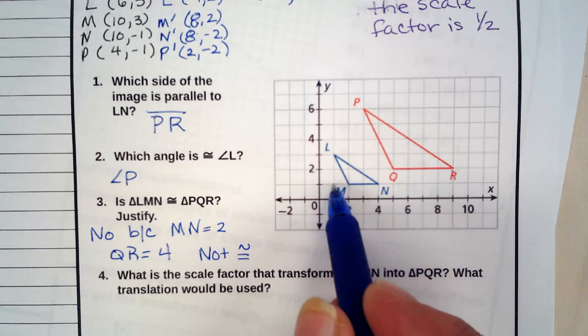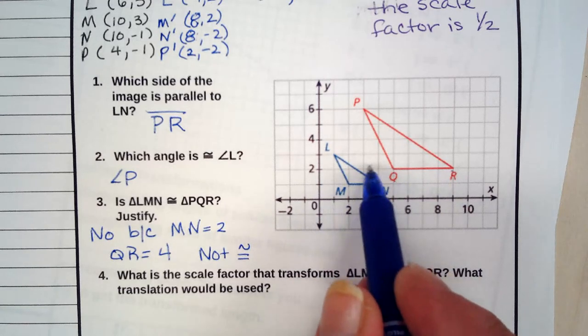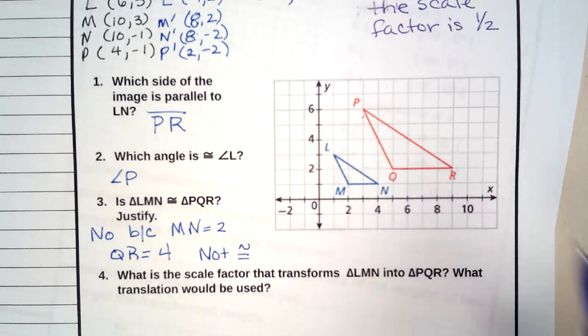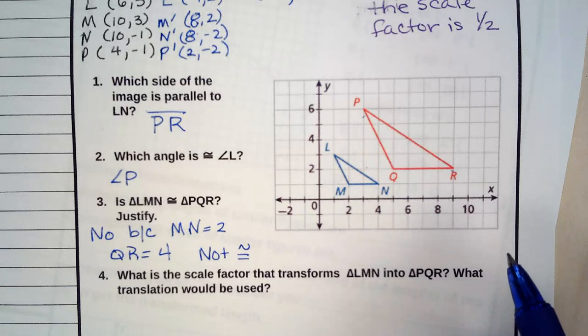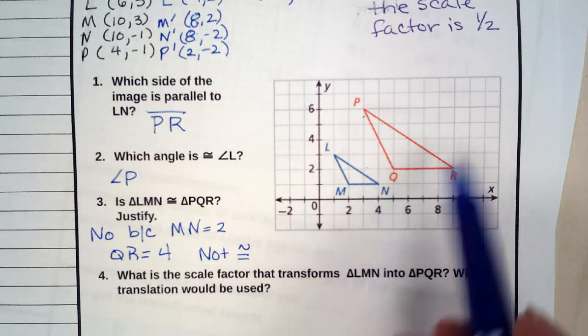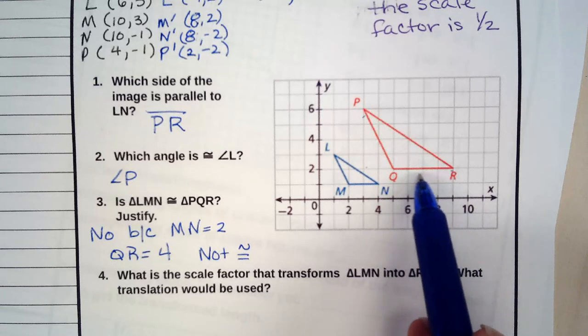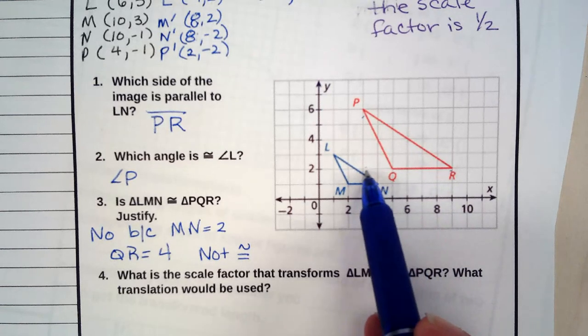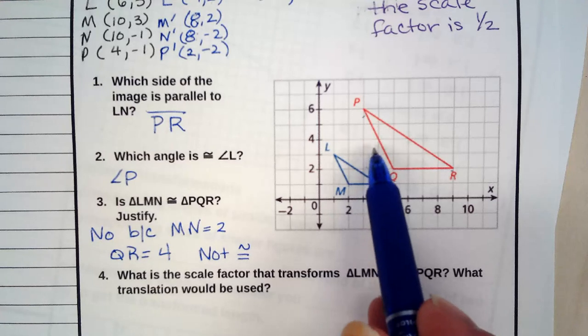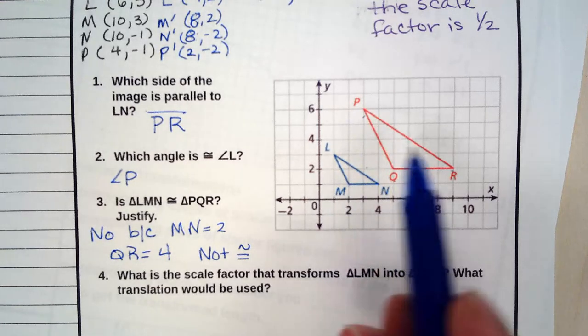This goes over 1 and up 2. This goes over 2 and up 4. That would be the same length. This one, from R, you go over 1, 2, 3, 4, 5, 6. And you go up 1, 2, 3, 4, 5, 6.